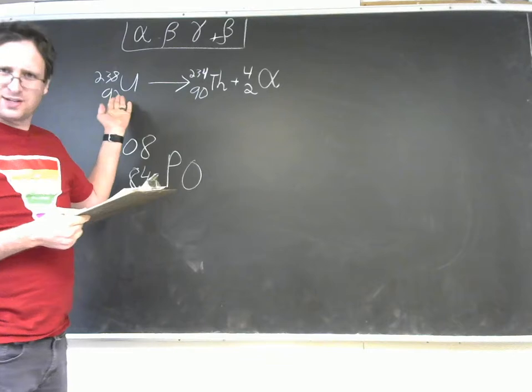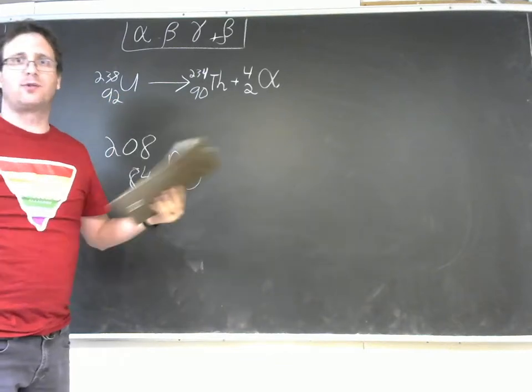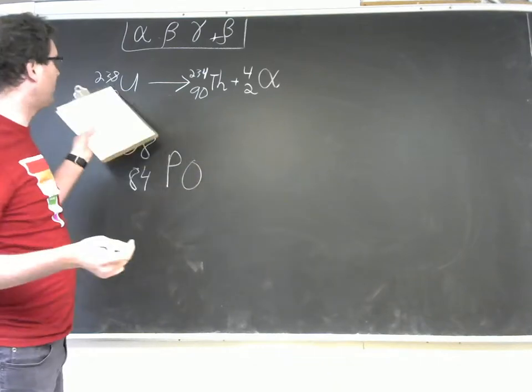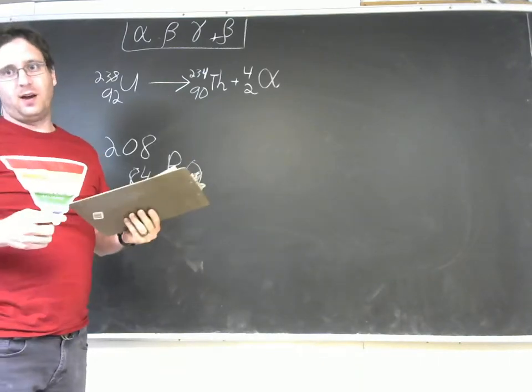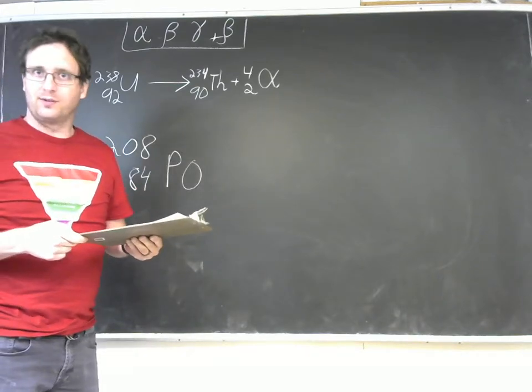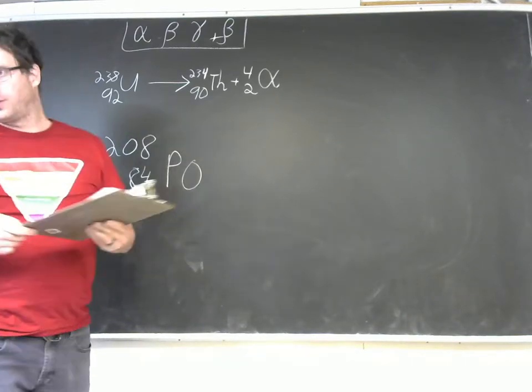uranium-238 is a naturally occurring isotope of uranium. You can go to a mine and dig up some uranium and you're going to find uranium-238. In fact, I think the majority component of uranium would be the 238 isotope.